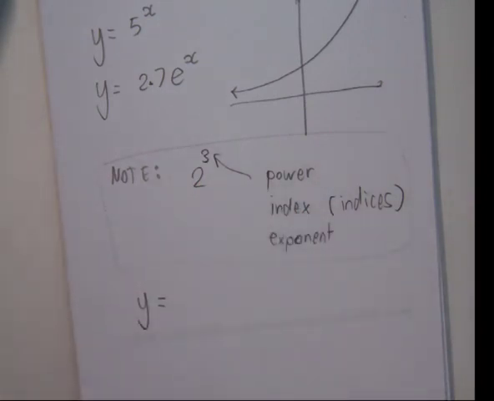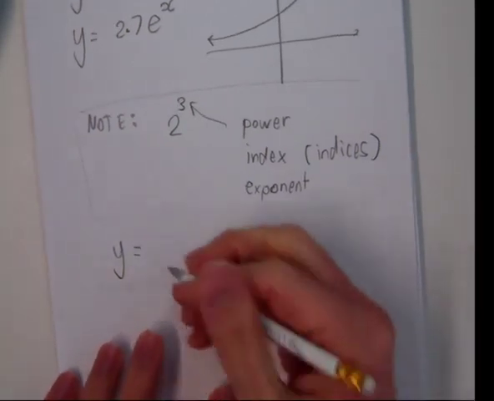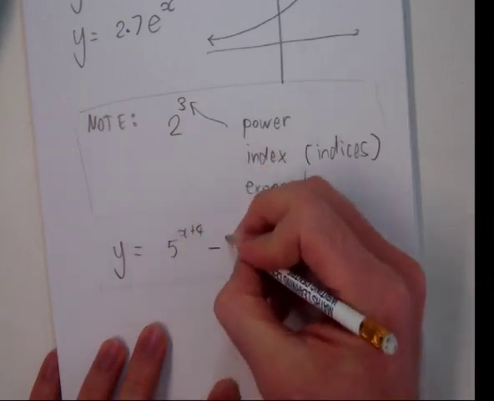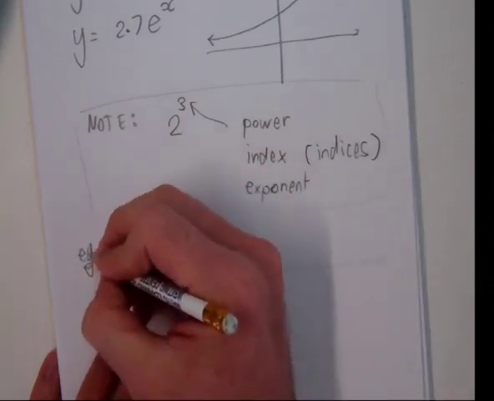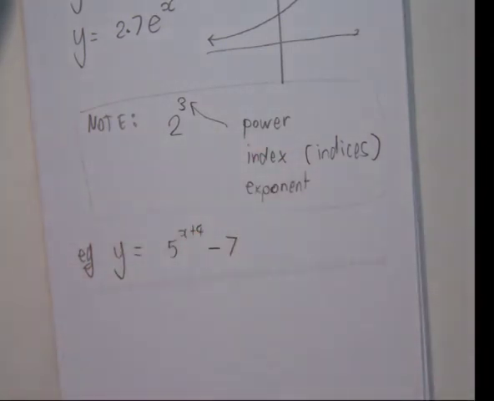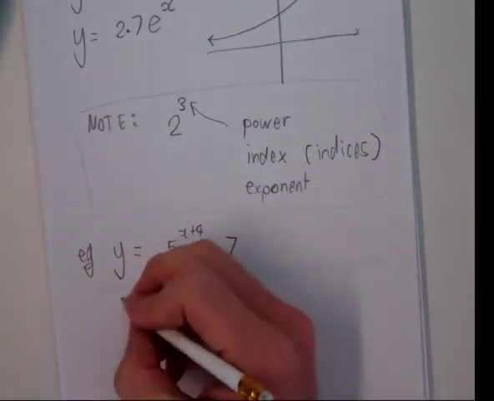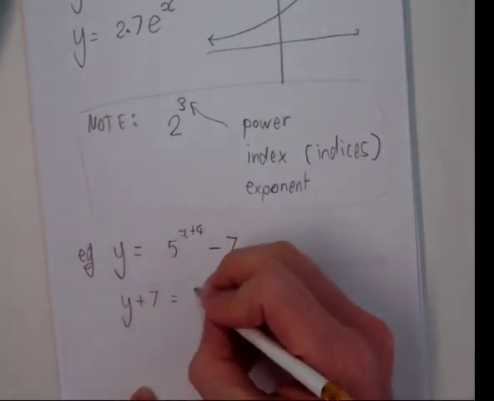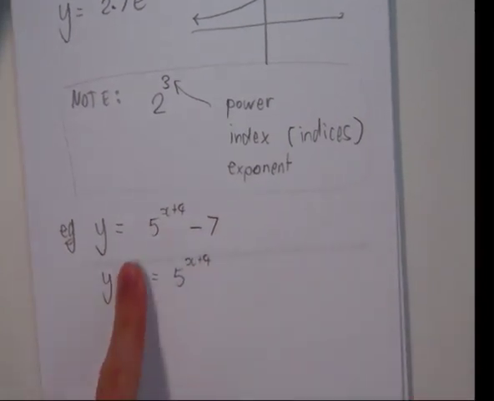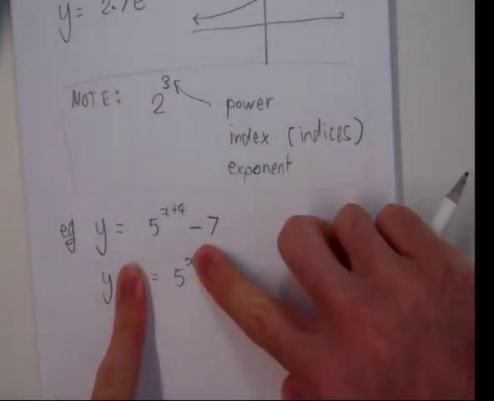So, you can do the same trick as you do with the other functions of moving things over. If I had something like y equals 5 to the power of x plus 4 minus 7, then if I rewrote it like this, well, I could imagine that without the plus 7 and without the plus 4, it would just be y equals 5 to the x.